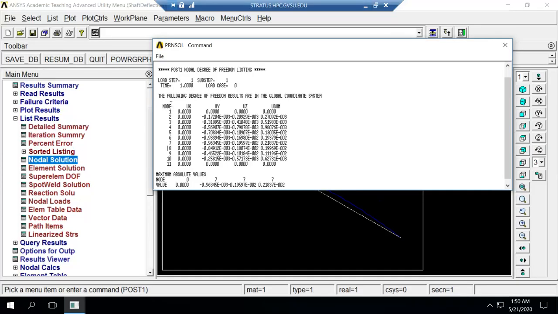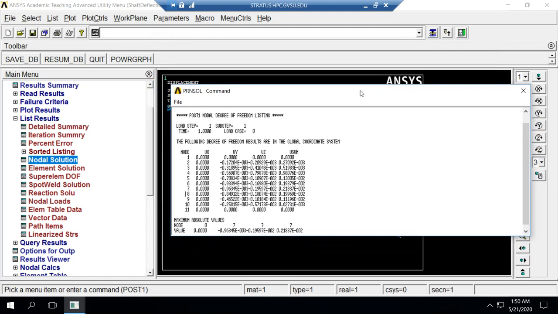Okay, so let's see what I have here, in my model. Sorry, I was looking at the gear.